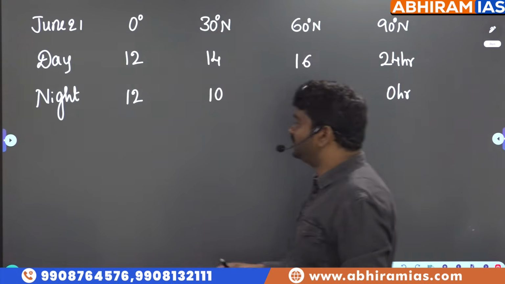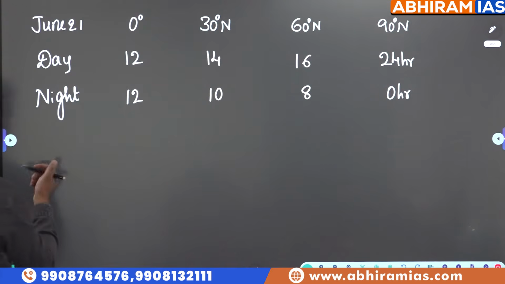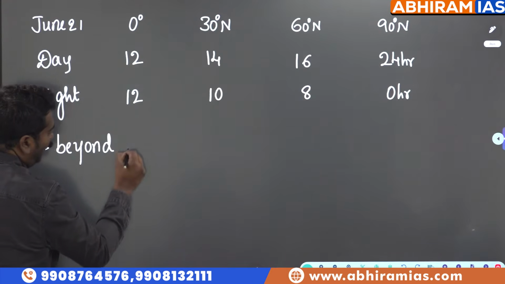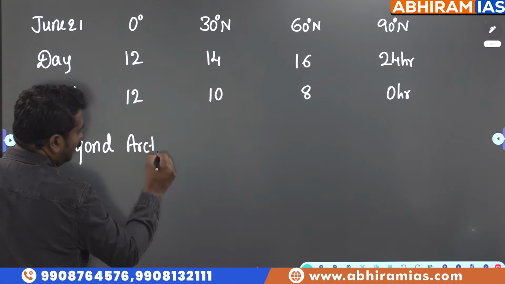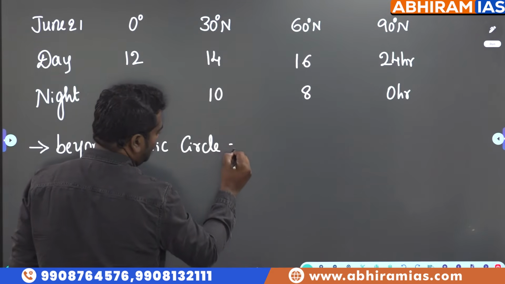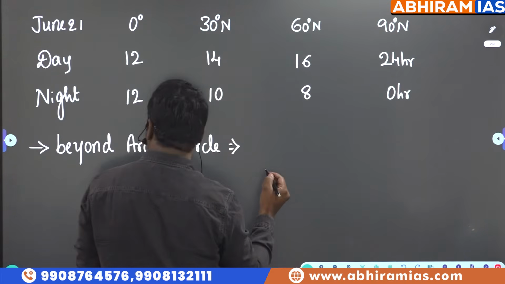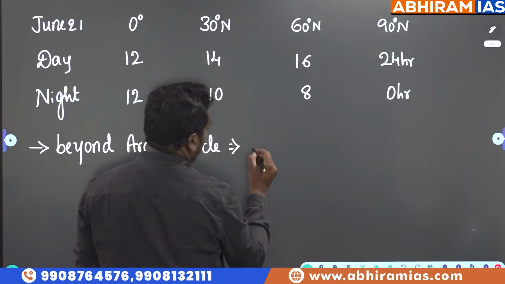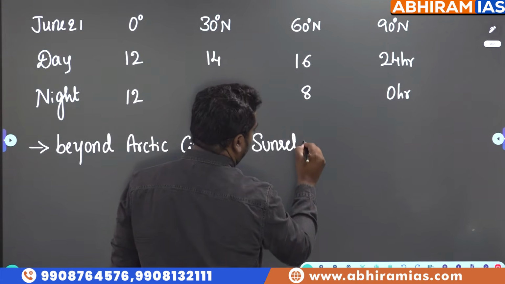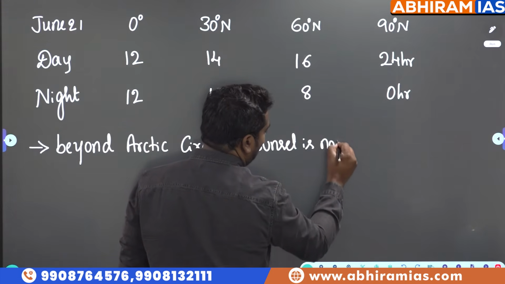So, what are the words for June 21st? Beyond Arctic Circle, sunset is not observed.